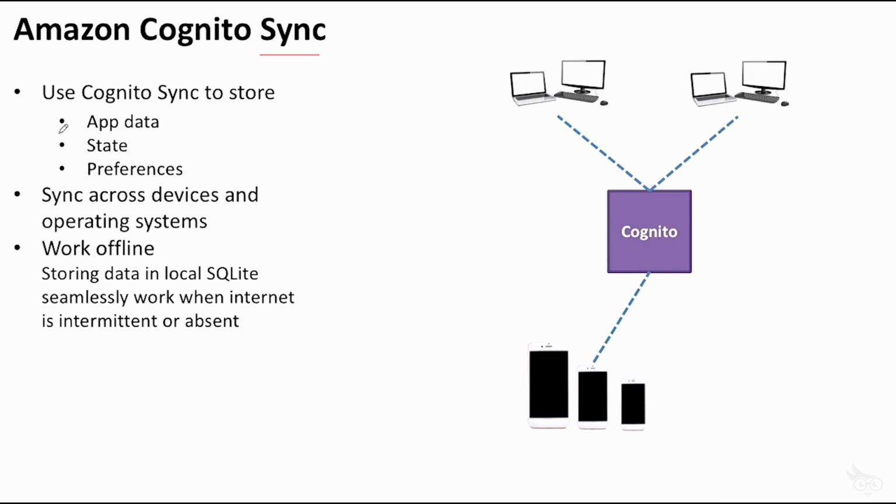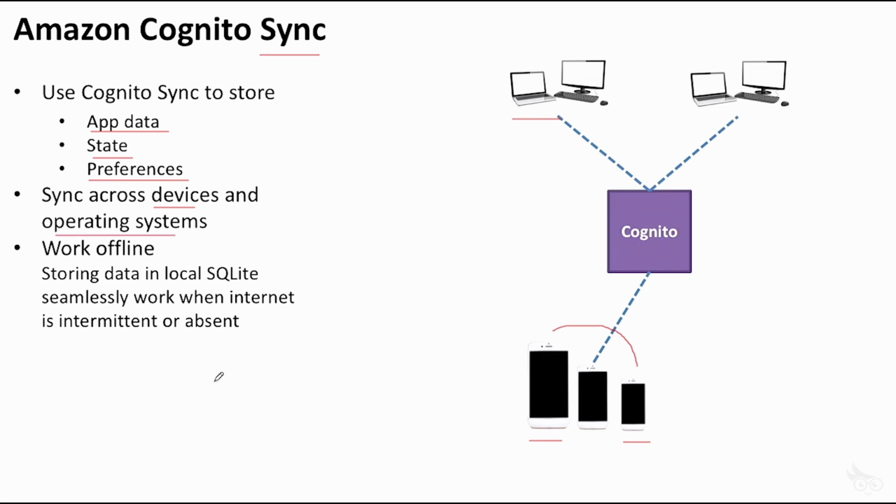So let's say we have different app data and we have that application on a desktop, we have it on our tablet, we have it on our smartphone, and Cognito can help sync that data between these different devices. Perhaps we want to save the state of our game or the state of the book we're reading. Perhaps we want to maintain the same preferences from device to device. It works across various devices. It works across different operating systems.